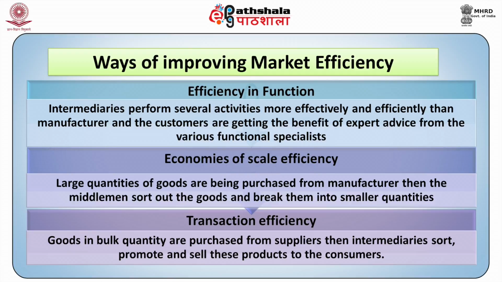Thus, intermediaries help in saving the time and effort of the consumers and manufacturers and supply the products anytime as per their requirements. Ultimately, it can be said that the presence of intermediaries gives a fighting spirit and also provides a competitive edge to the marketing organization.